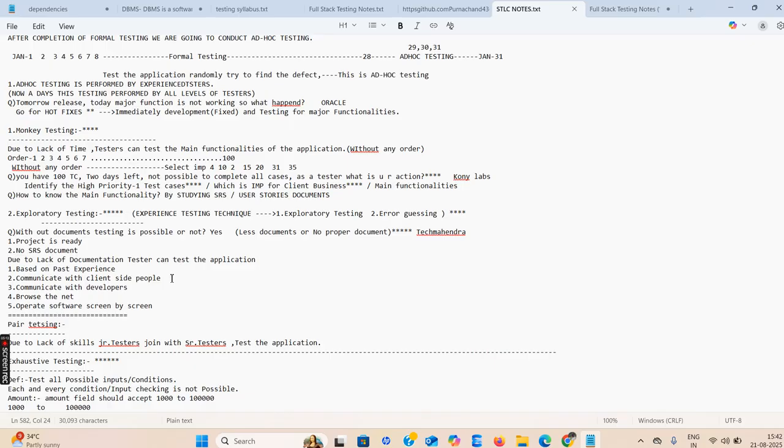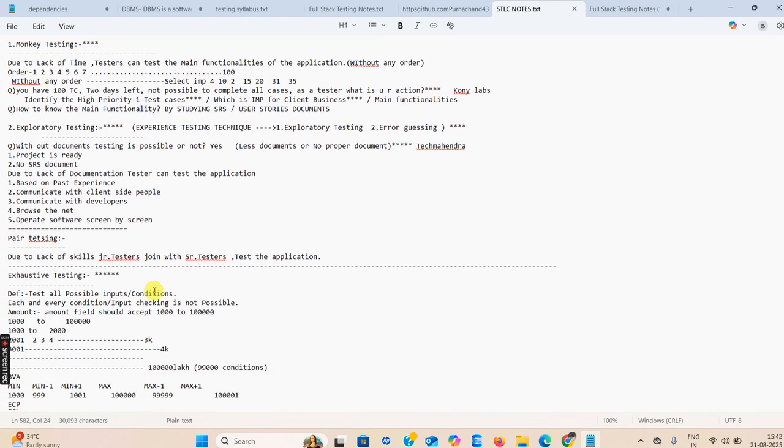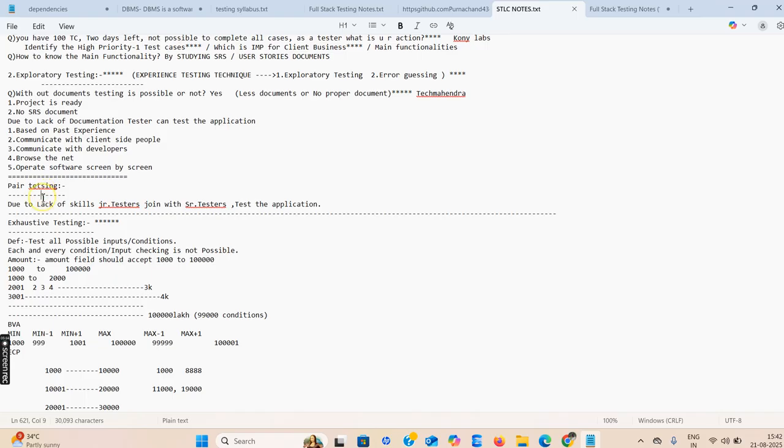Based on past experience, communicate with the client side people and the developers, browse the net, and operate the software screen by screen. Next, pair testing. What is pair testing? Due to lack of skills, junior testers are joined with senior testers to test the application. That is called pair testing.